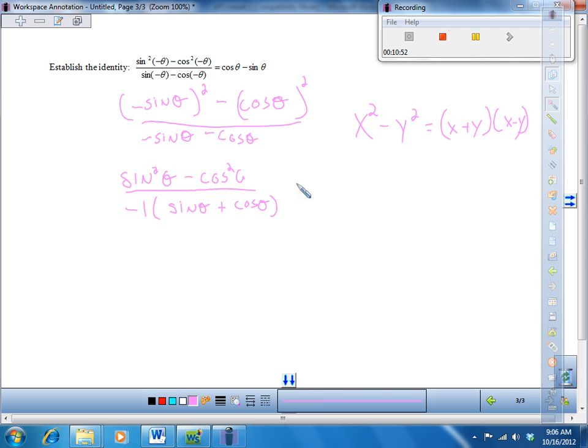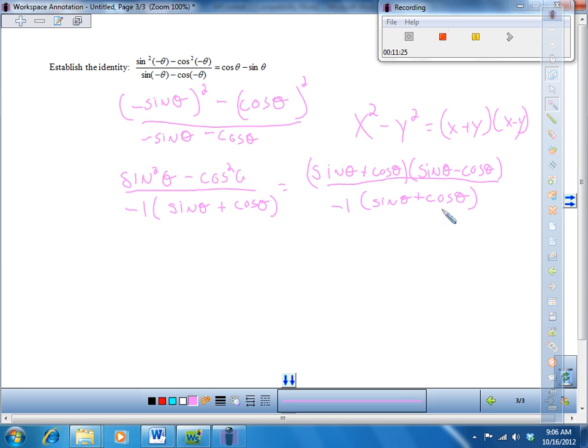So what I could do with this is I'm going to rewrite the top as sine of theta plus cosine theta times sine of theta minus cosine theta, and that whole thing over this, negative 1 times sine of theta plus cosine theta.